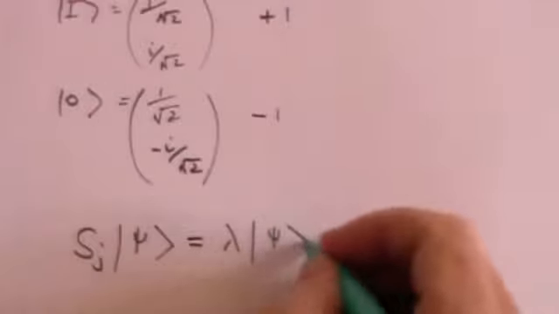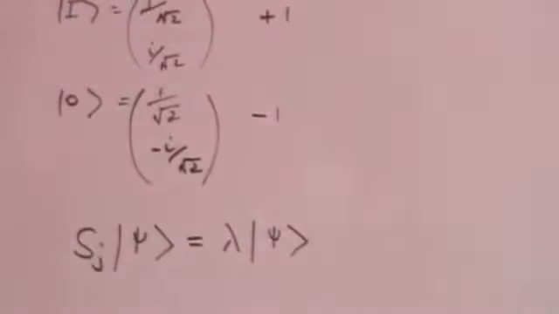And all of this fitted into the general formula that the operator Sj, where Sj is either Sx, Sy or Sz, the operator acting on the state psi, which is one of these states here, gives you back the eigenvalue, which is either +1 or -1, times the same state. That was again all covered in quantum mechanics concepts.